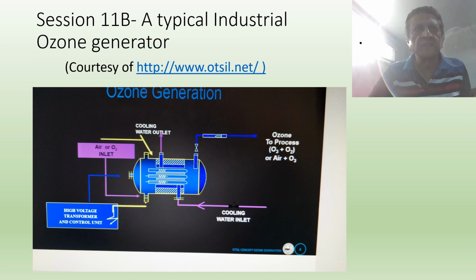The air, or oxygen, is pushed into one side, and the oxygen and ozone, or air and ozone, is delivered from the other side of the equipment.